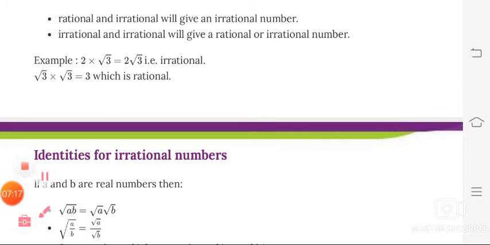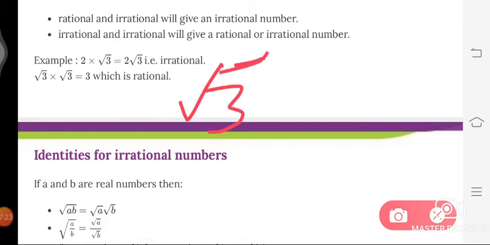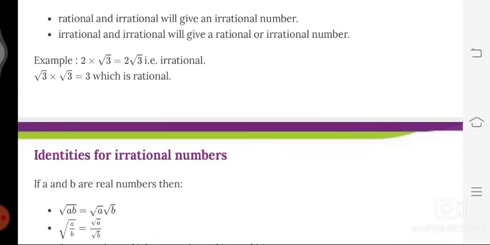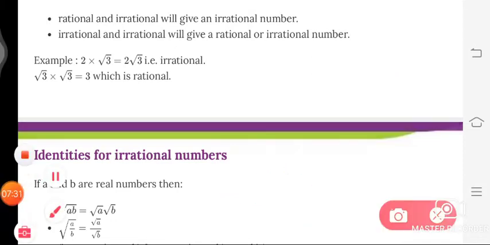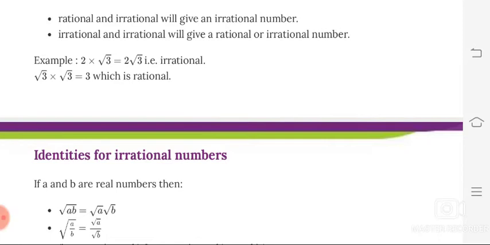And if we multiply an irrational number like under root 3 by under root 3, then we get a rational number which is 3. And if we multiply irrational numbers like under root 3 into under root 2, then we get an irrational number. So these are some examples.